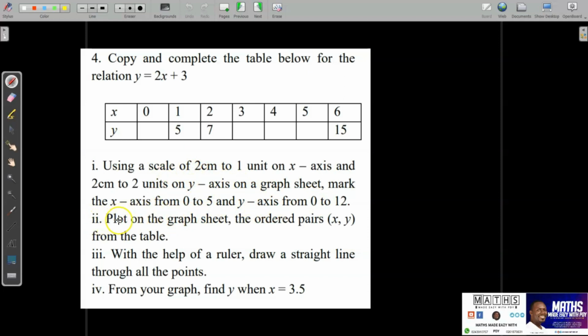Then when you are done, plot on the graph sheet the ordered pairs (x, y). The ordered pairs will be coming from the table: (1, 5), (2, 7), (3, what?). You need to find those before you continue. Then (6, 15). You plot them. Then with the help of a ruler, draw a straight line through all the points. Finally, from your graph, find the value of y when x is 3.5.